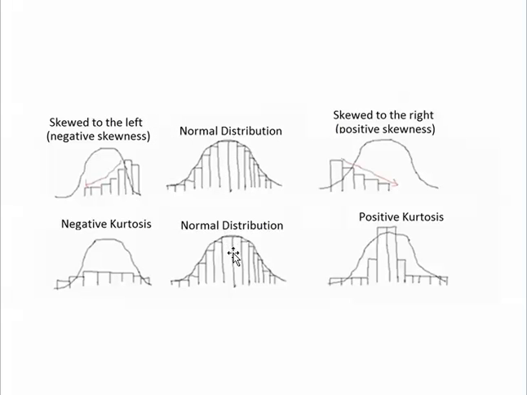And since a normal distribution is also halfway between a negative and a positive kurtosis, you would say that a normal distribution has no kurtosis. So a normal distribution actually has no skewness and no kurtosis. It's the absence of skewness and kurtosis. So no skewness and no kurtosis.